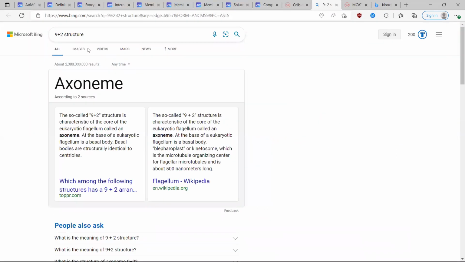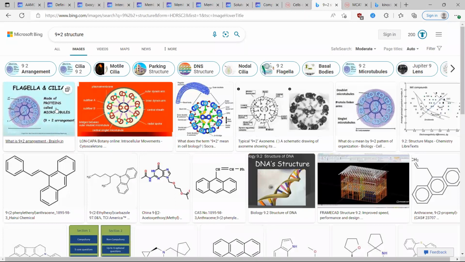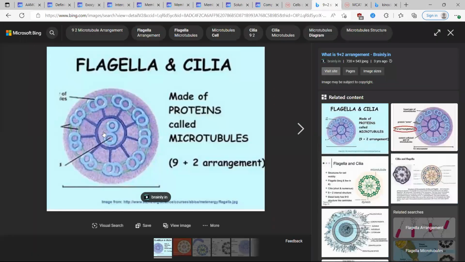The microtubules are in this kind of arrangement. They have a double in the middle, and then they have 1, 2, 3, 4, 5, 6, 7, 8, 9 pairs on the outside. So one pair in the middle and 9 pairs on the outside. In my opinion, it really should be 9+1 because they counted pairs here, but there they counted them individually. Why did they do that? I don't know. Maybe I'll find out someday, but it's a 9+2 arrangement.